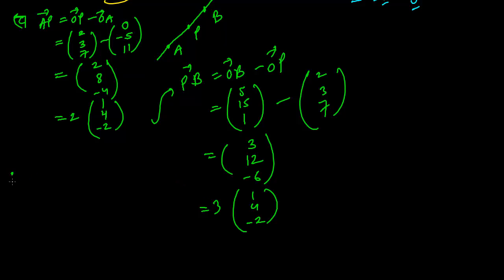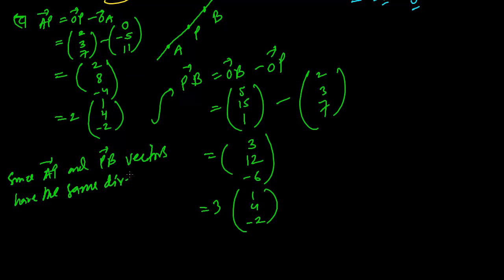Since AP and PB vectors have the same direction vector, they are collinear, meaning in the same line. That's the collinear rule.